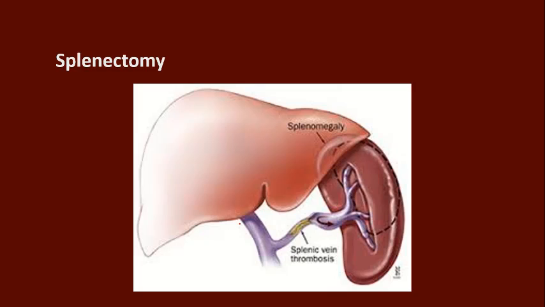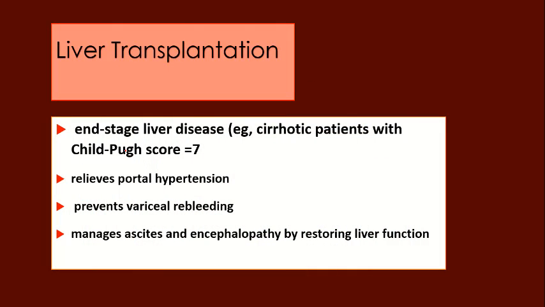Then, liver transplantation. This should be considered for patients with end-stage liver disease, like patients with cirrhosis with Child-Pugh score 7.